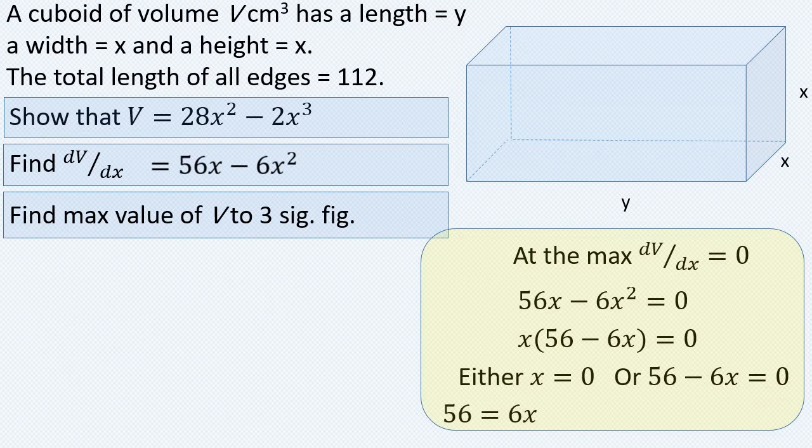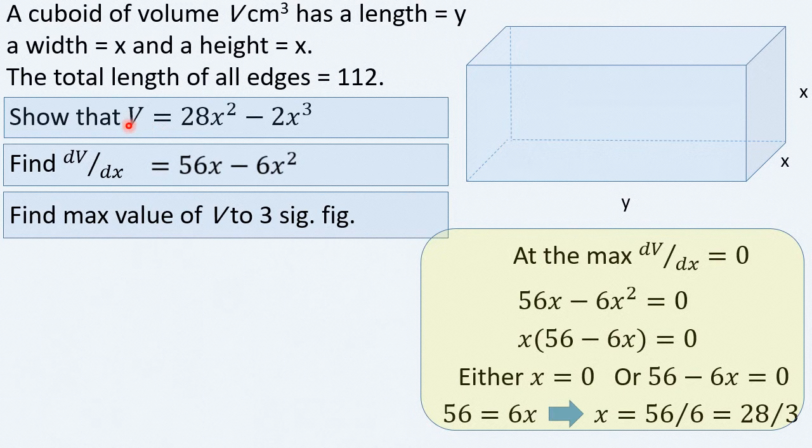If 56 minus 6x equals 0, then 56 equals 6x, or x equals 56 over 6. If we simplify this, we have x equals 28 over 3. And remember, we're not asked to find the maximum value for x, but rather the maximum value for the volume.